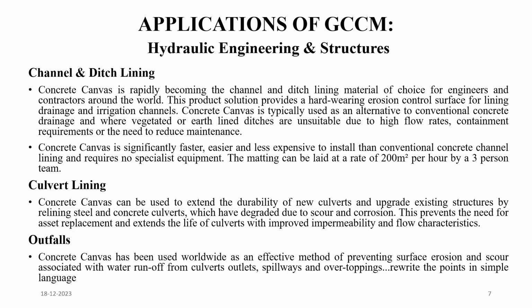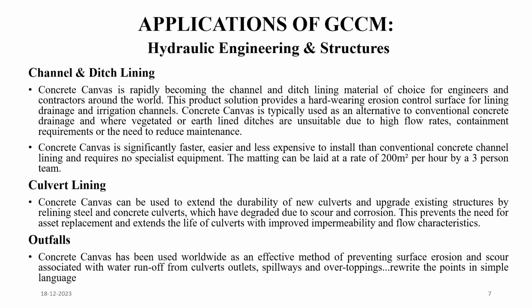Second is culvert lining. Concrete canvas can be used to extend the durability of new culverts or upgrade existing culvert structures by relining steel and concrete culverts which have degraded due to scour or corrosion. This prevents the need for costly replacement and extends the life of culverts with improved impermeability and flow characteristics. Outfalls.